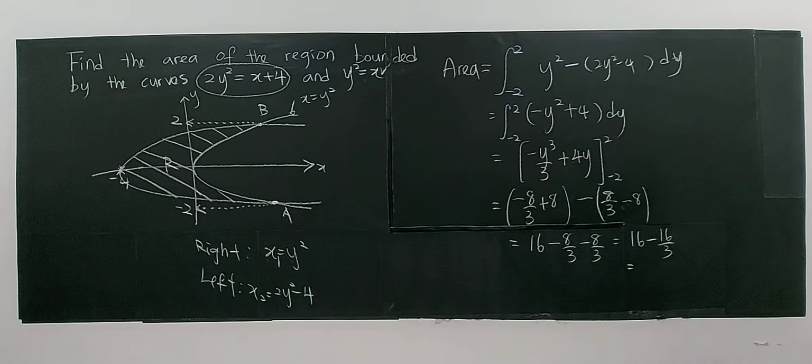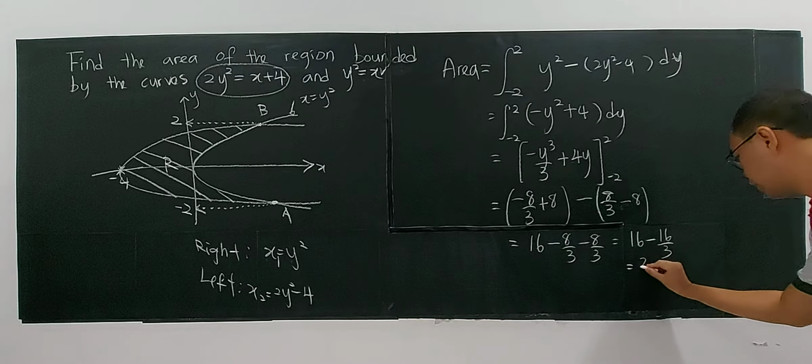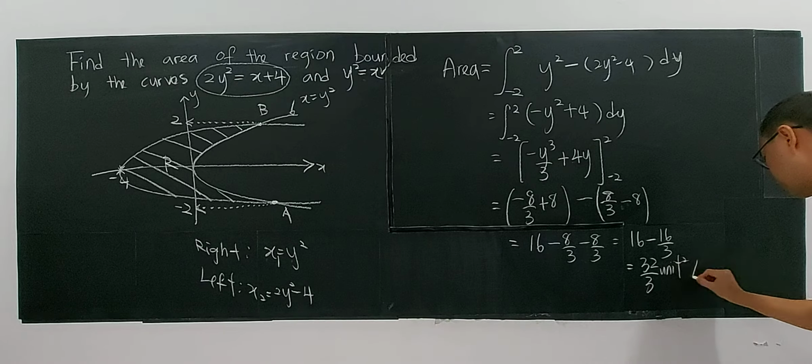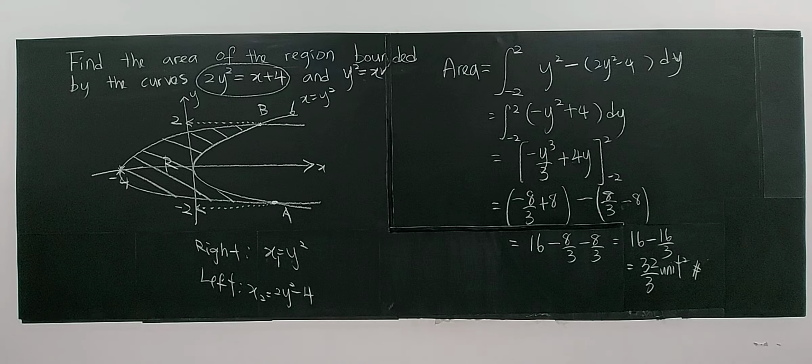Okay, let's evaluate this: 16 minus 16 over 3, which gives you 32 over 3. You will get 32 over 3 unit squared. Alright, so I have shown you how to find the area between two curves here.